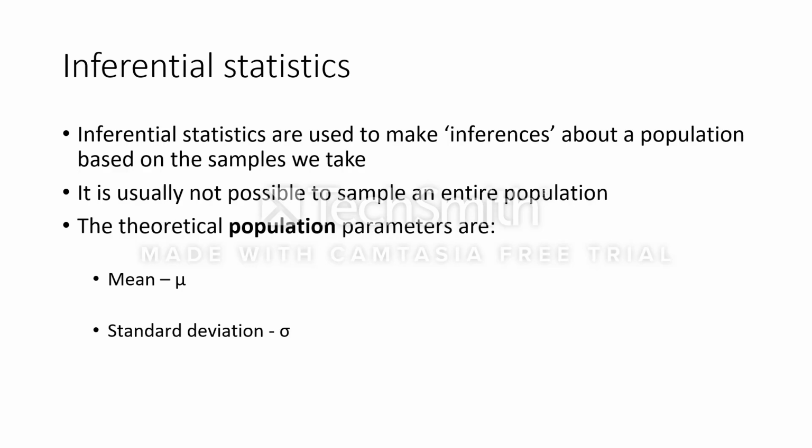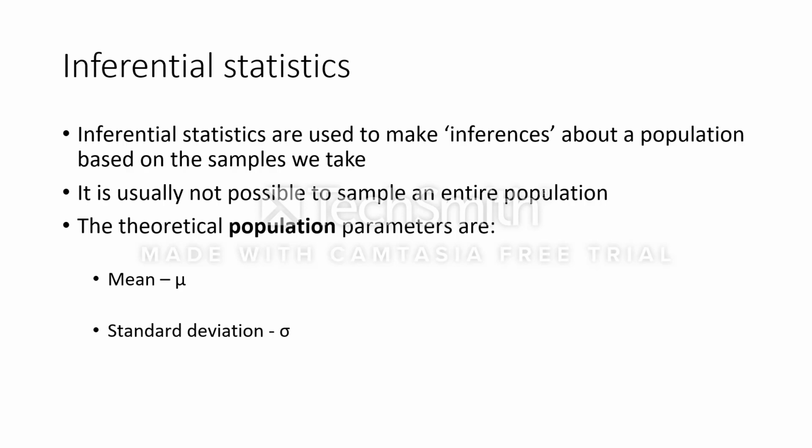Inferential statistics are used when we make inferences about a population based on samples that we take. If you think about an example or a research question along the lines of, how tall are people in the United Kingdom? Theoretically, there will be population parameters associated with that, right?